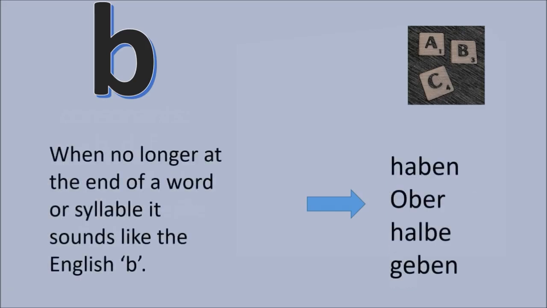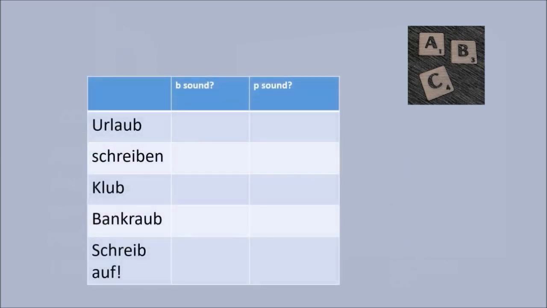But when it's no longer at the end of a word or a syllable, then it sounds like the English B. Haben, ober, halbe, geben. So is it a B sound or is it more like a P sound? What do you think?